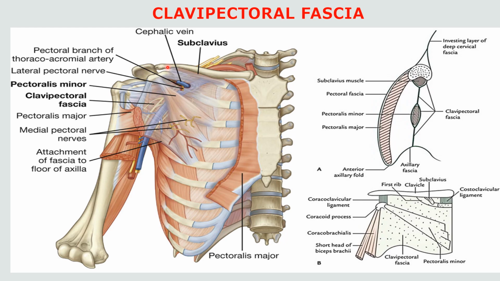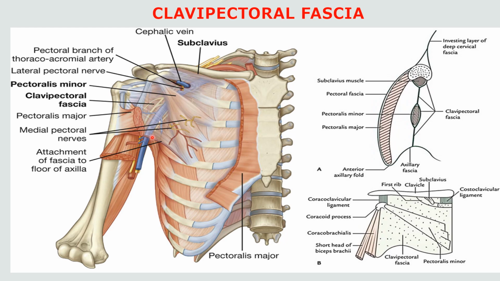The clavipectoral fascia is a thick sheet of fascia, or you can say a thick sheet of connective tissue, connecting the clavicle to the floor of the axilla.